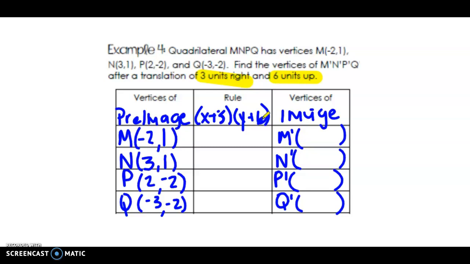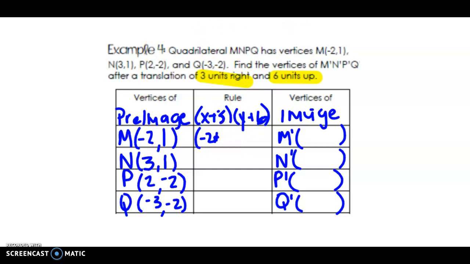All right, so I'm going to do this first one with you. So our x would be negative 2, and to go to the right, 3 would be plus 3. And then we're going to do our y. Let me make sure it looks like the other ones.